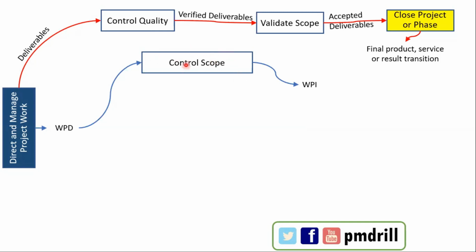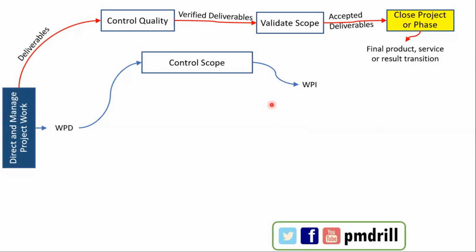Now what the work is done here, the control scope looks at the data given to it. It does the analysis. So what kind of analysis is done? You might be doing the variance analysis. So what is a variance analysis? It is trying to find out what is the difference between my plan versus what I am actually delivering.